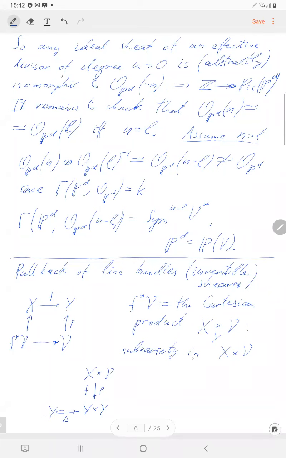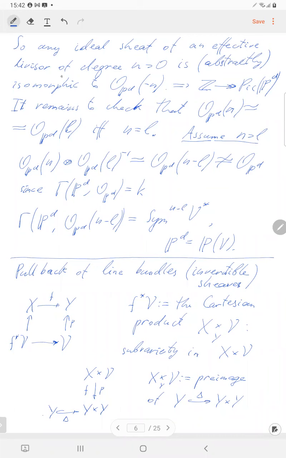Okay, and the Cartesian product, by definition, is the pre-image of the diagonal. Okay, and I'm sure everybody heard this many times and knows this. So I'm saying nothing new, that you can pull back vector bundles.